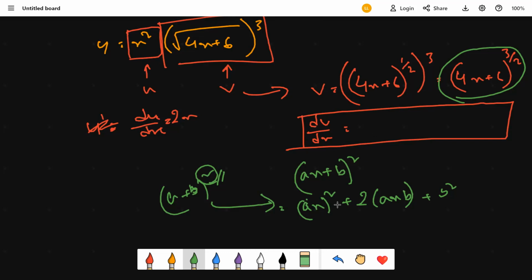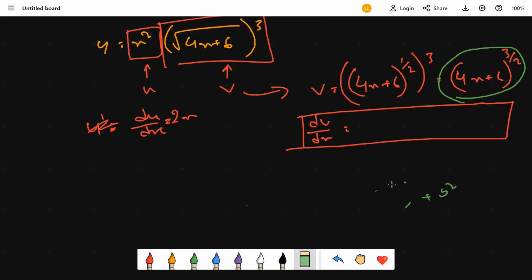Implementing both together would cost us a lot of time. To reduce that time, we'll implement another method, known as the chain rule. So now let's learn how the chain rule works.